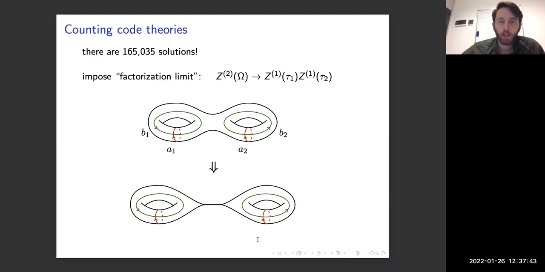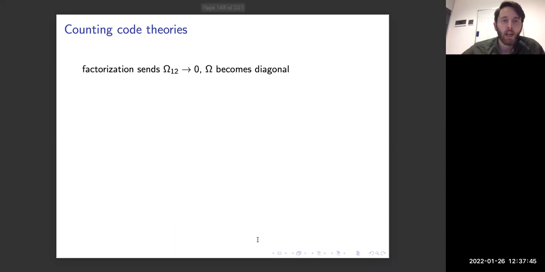Now we can impose this by just looking at the genus 2 partition function in a limit where omega 1,2 goes to 0, in which case omega becomes diagonal, or for the higher genus case, you want to set a whole set of off-diagonal parts to 0, and then omega will become block diagonal. And by looking at the Jacobi thetas, we can see exactly how this acts on the code variables. The 4 code variables of the genus 2 go to each possible pair of code variables of the genus 1.